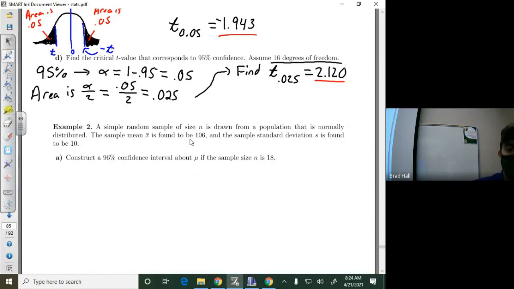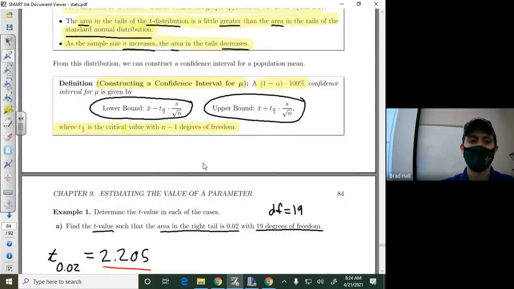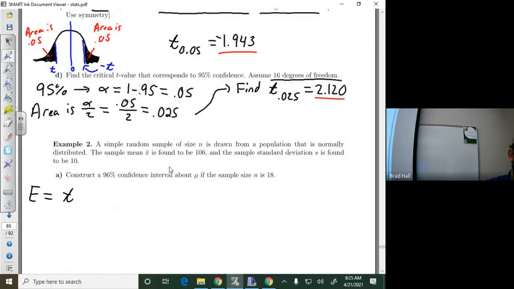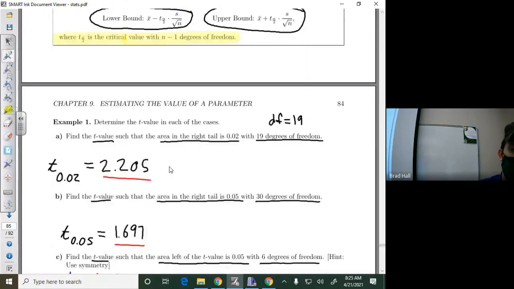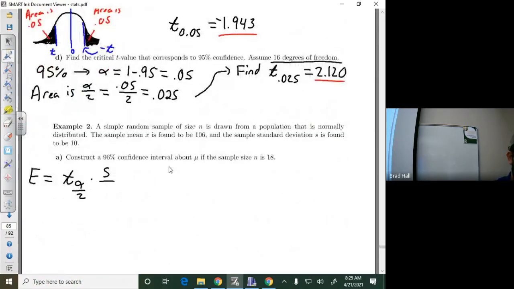So let's go ahead and find the error term, which I'm going to take directly from the formulas here. The error term is t alpha divided by 2 times, I believe that was s over the square root of n.